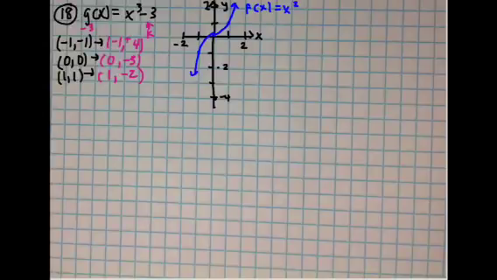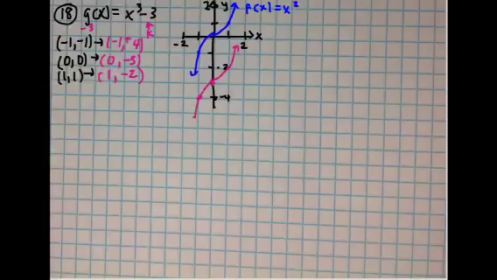And over here on the graph, I already have y equals x cubed in blue. I'm going to use pink to draw the new function, g of x. So it's going to go -1, -4, 0, -3, and 1, -2.